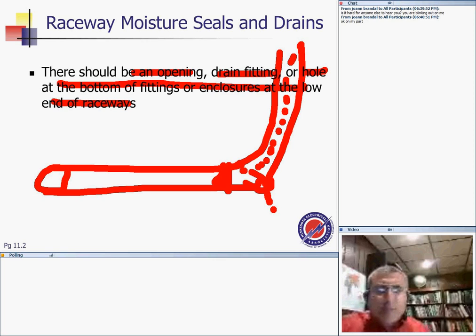Any questions, guys? I don't know if that's the right example, but how many of you have used seal conduits and fittings and drain holes and so forth? You use it more than I use it. So pay attention to that one as you go between different temperatures.